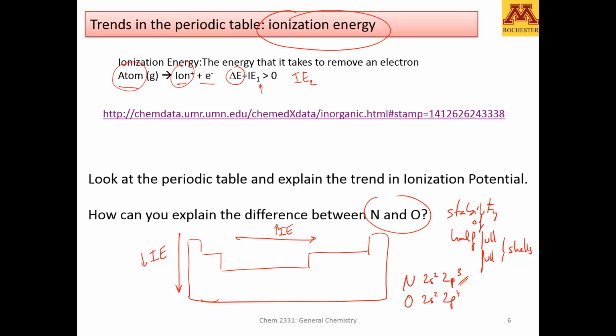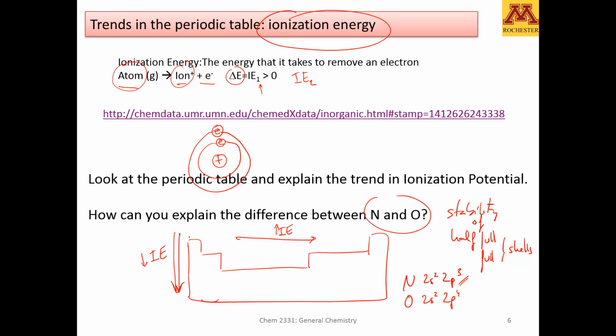Now let's see, why is it that the general trend is the one we just said, that as you go down, the ionization energy decreases? Well, think about how in the nucleus, the farther away you put your electron, the less attracted your electron will be.